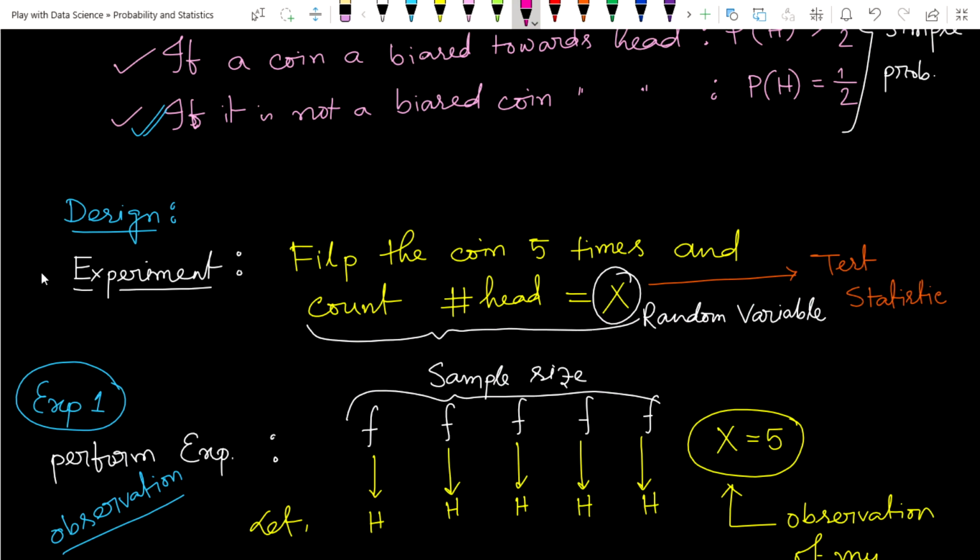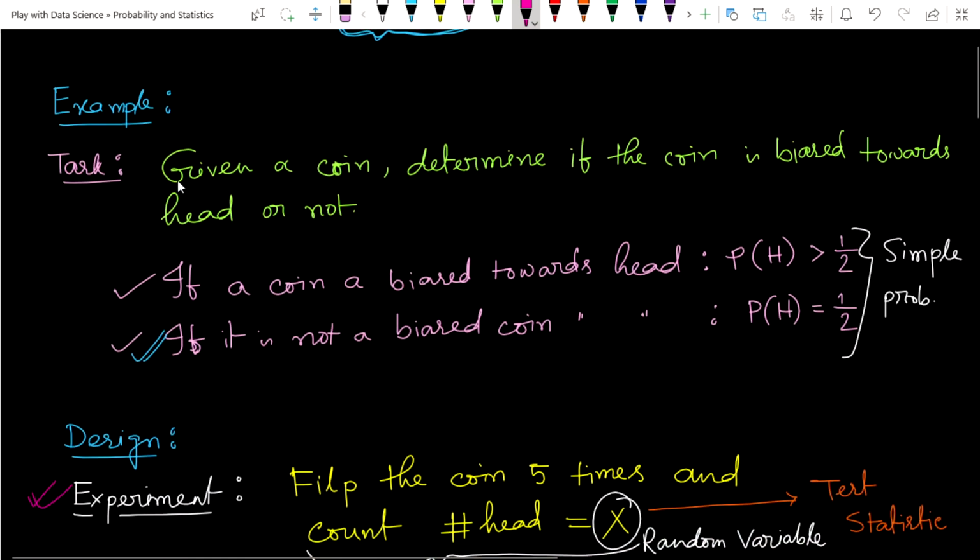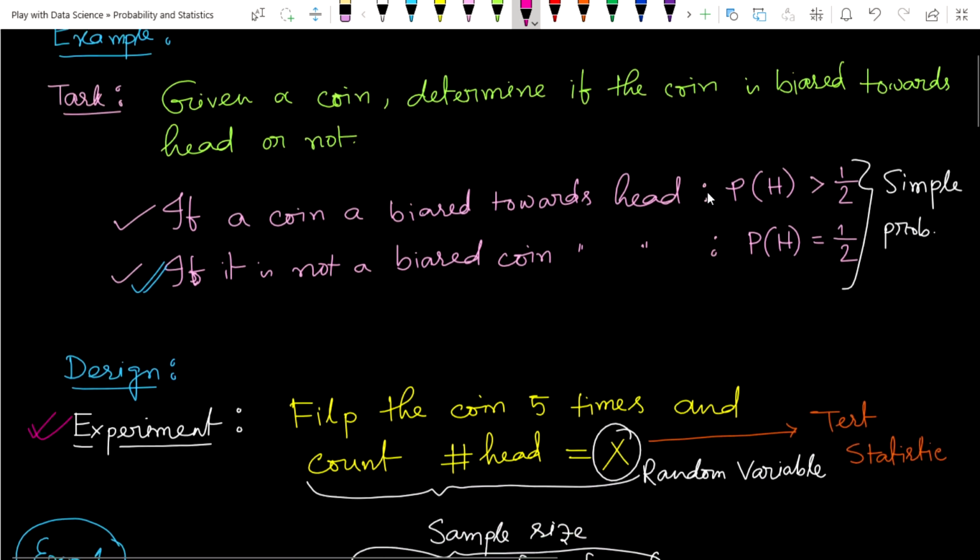That's the main thing. Our main task is to determine whether the coin is biased or not, whether this coin is biased towards heads or not. This is the main task we have to do.